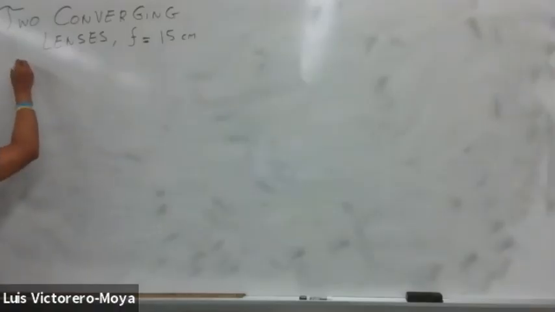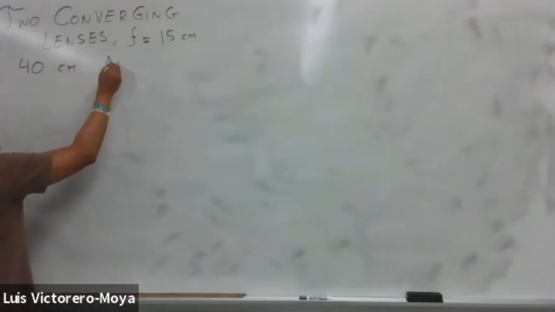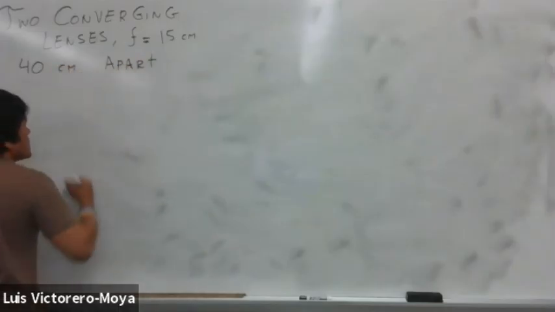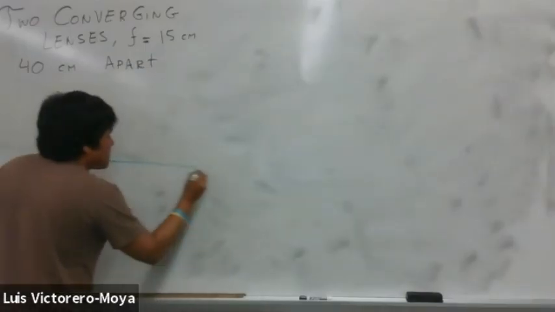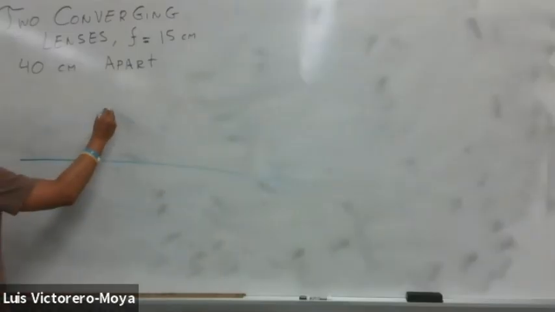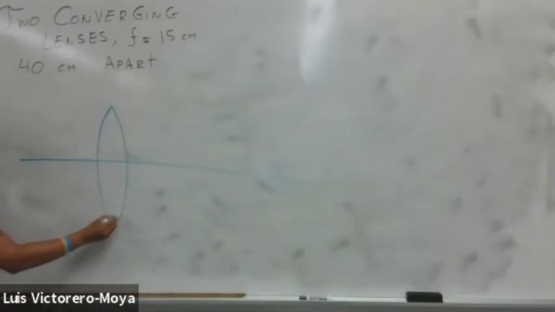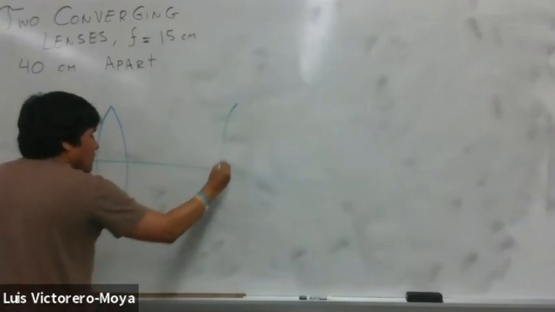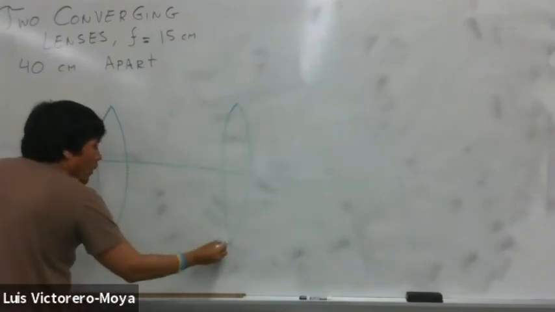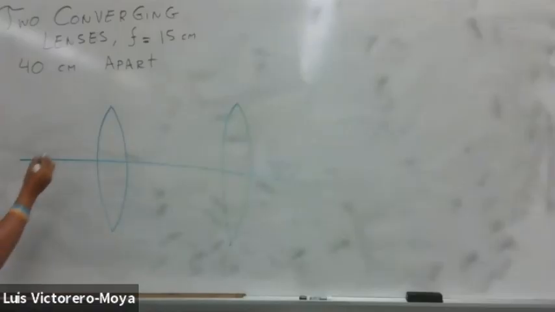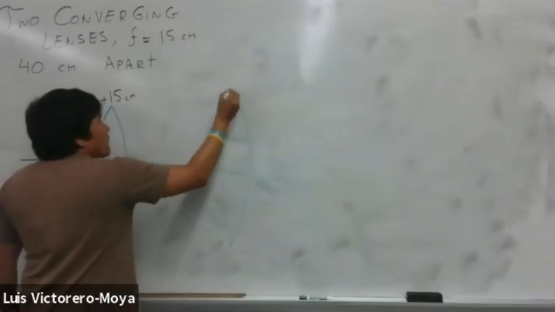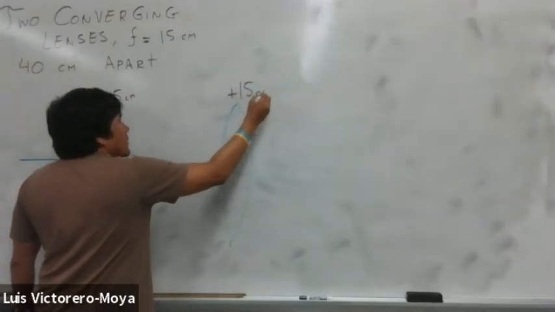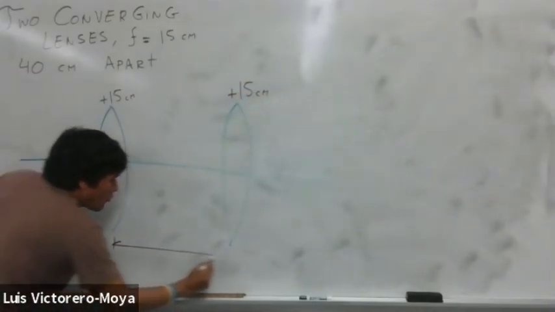So they are 40 centimeters apart. If you were to graph this, one there, one there, this is plus 15, plus 15, and these are 40.